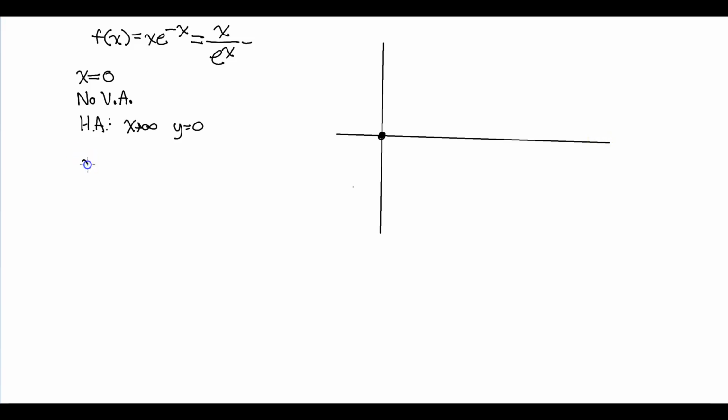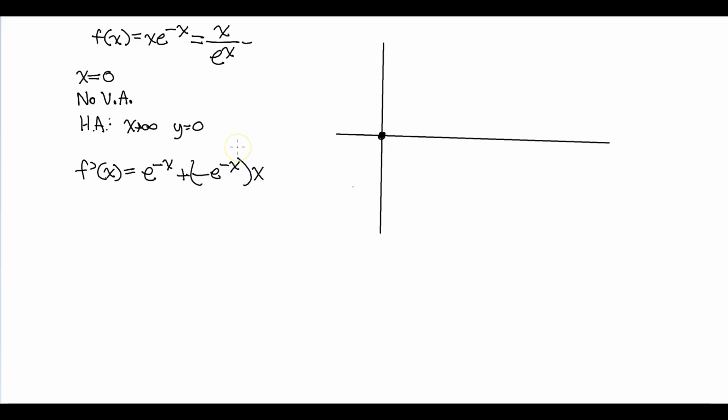Now, we want to find intervals in which f is increasing or decreasing and find any extrema. To do that, we find a derivative. Let's use the product rule since it's a bit easier to work with. So f prime is 1, plus g prime, which is negative e to the negative x, times x.